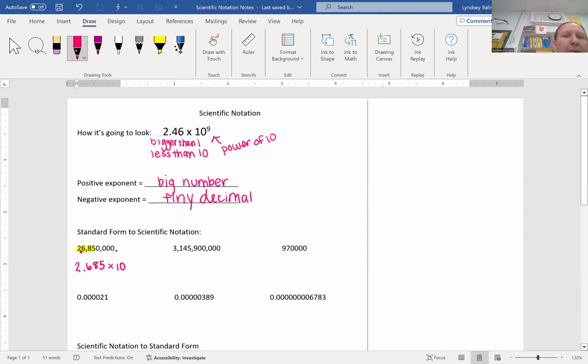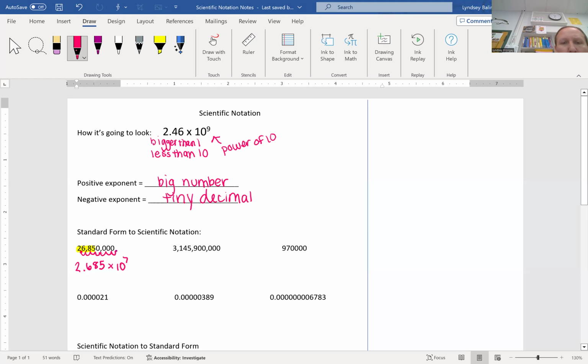We just don't write it. So if I've now placed my decimal here, I can just count how many spaces there are. 1, 2, 3, 4, 5, 6, 7. So I have now moved that decimal 7 spots. So this is going to be 2.685 times 10 to the 7.